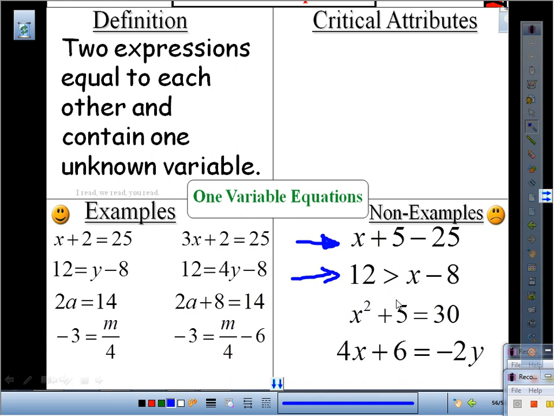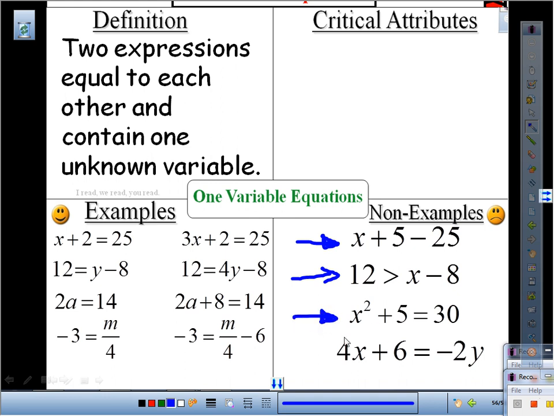Jordan, what's the name of it? Look at it. The top one is an expression. This is an inequality, but what kind of inequality? Look at it. You got it. You got it. Look at these. Look at this. One variable inequalities. That is correct. Let's go. All right, pass someone.